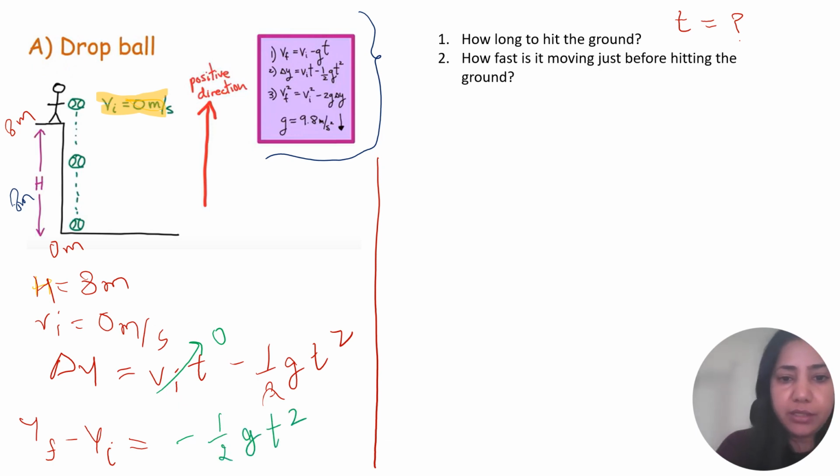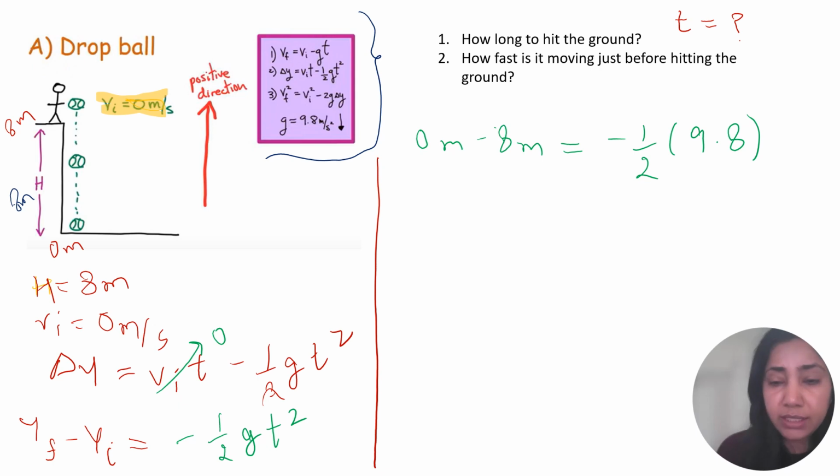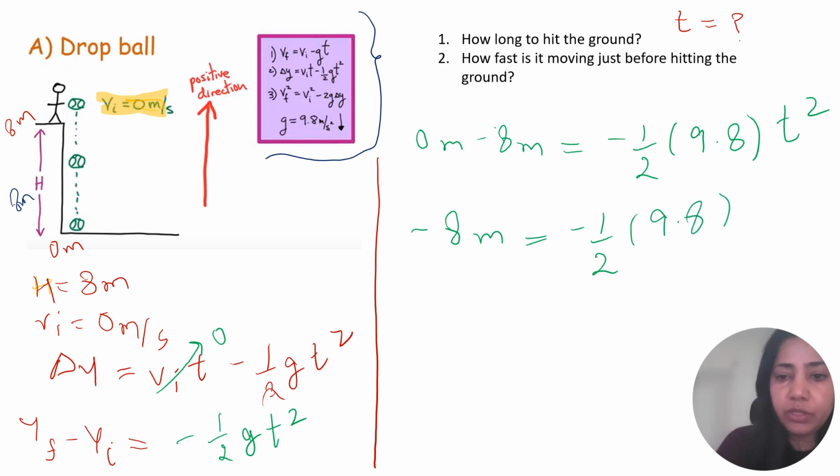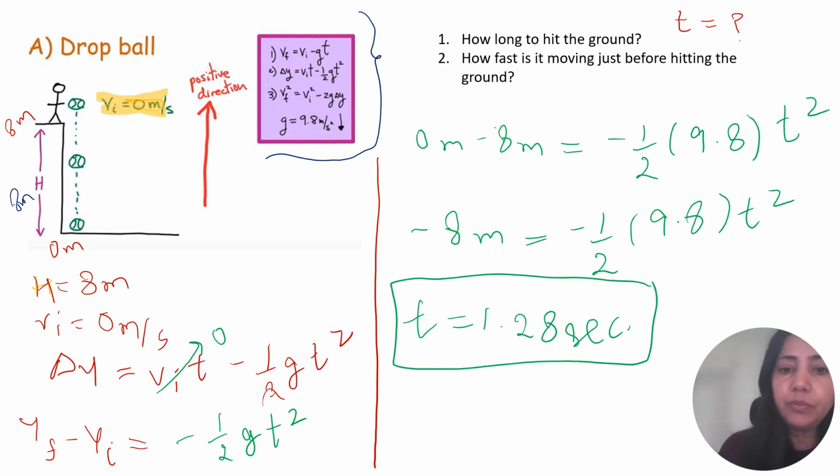So yf, which is 0 meters, minus yi, which is 8 meters, equals negative half of 9.8, the g constant, times t squared. After calculating this equation, I got the t value of 1.28 seconds. This is how you can find these variables from this problem.